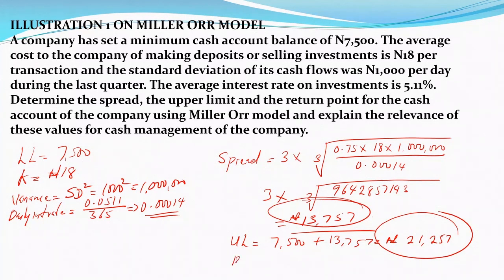My return point will be the lower limit plus 1/3 of the spread. That's roughly 12,086.